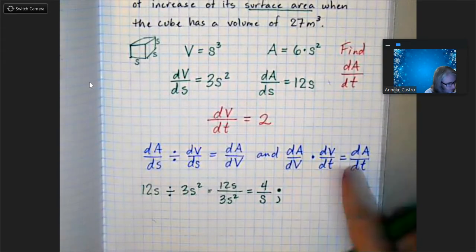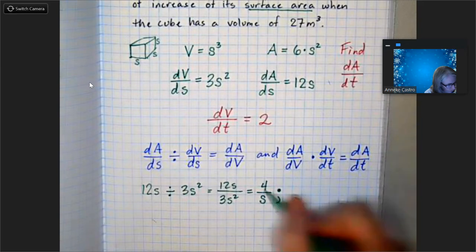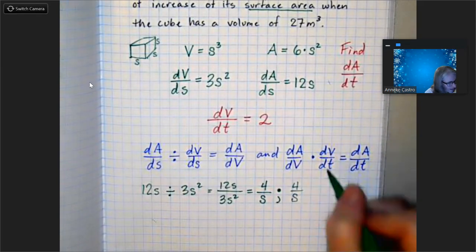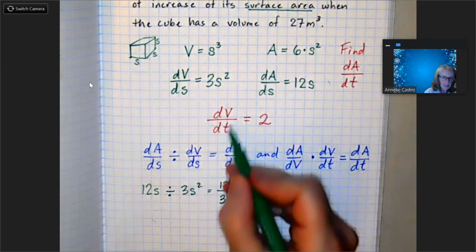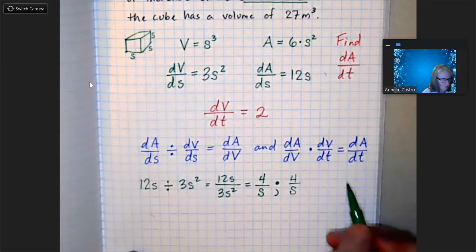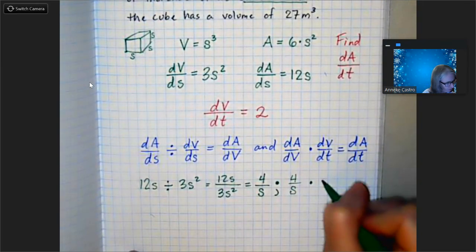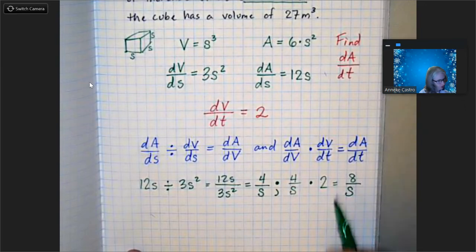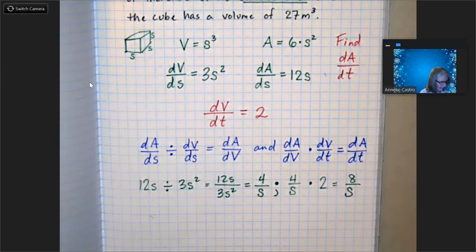So now we're going to do this one. So dA/dV is 4 over s, and that's an s, not a 5, times dV/dt. dV/dt is 2. So I'm going to multiply this by 2, and I end up with 8 over s. So I now have an expression for dA/dt.